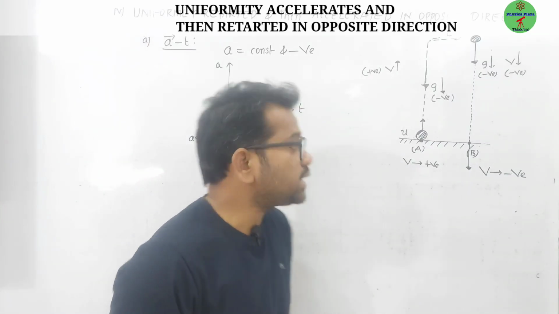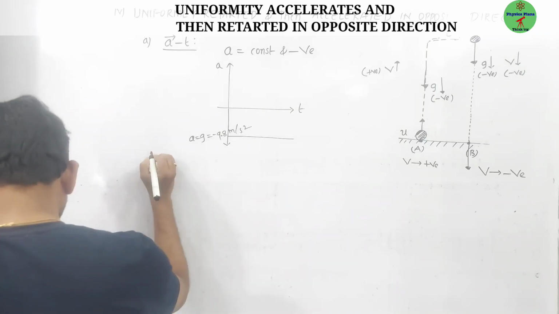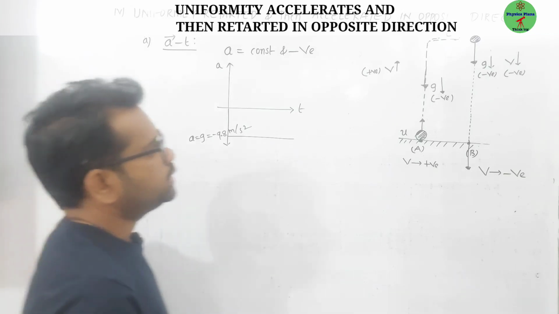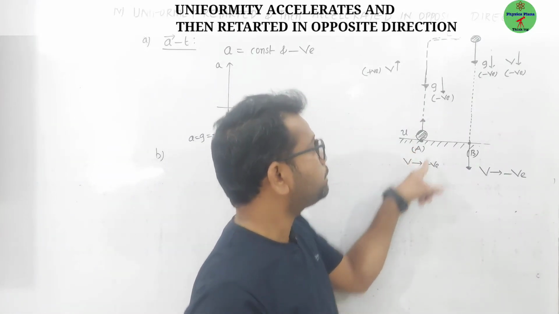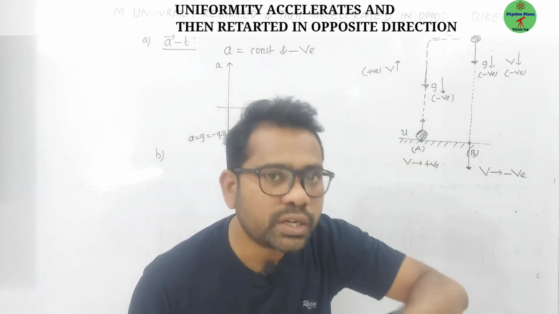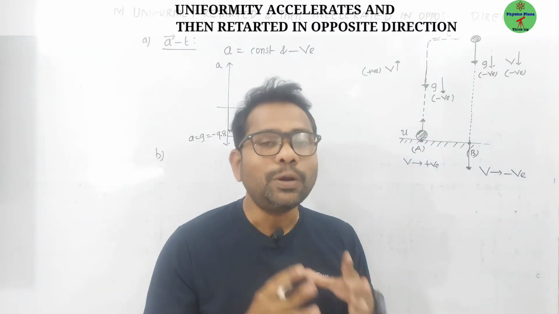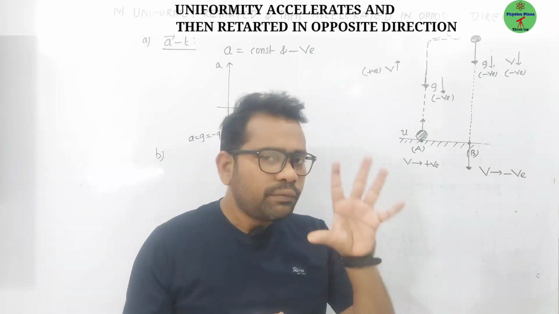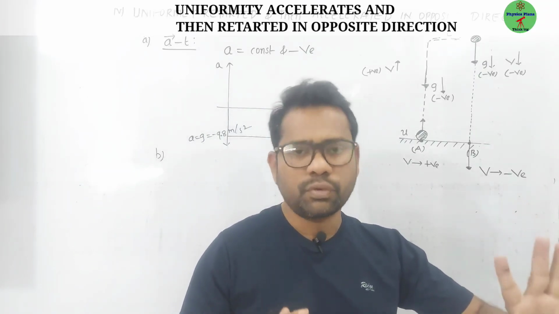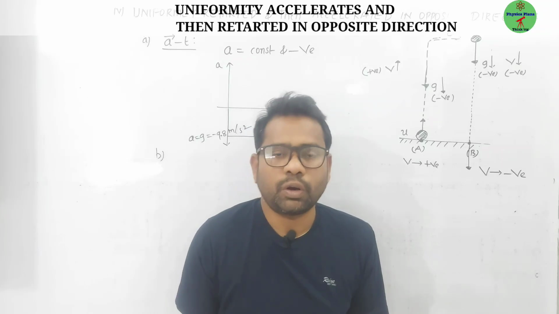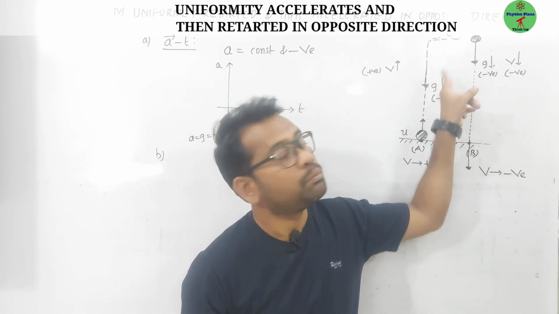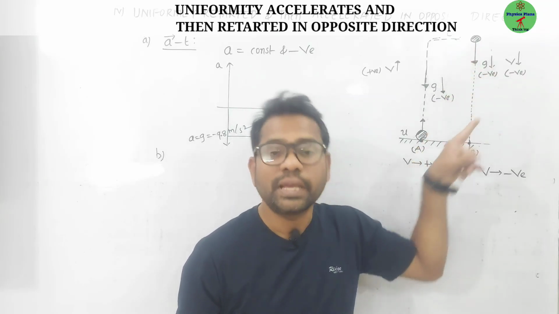Now how about the velocity time graph? Fine. So children, velocity time graph. As initially the body is thrown vertically upward, is there any chance for the velocity to become 0? No. The velocity is not going to be 0. So what is v? In the upward direction, v is equal to u minus at, but in the downward direction, v is equal to u plus at.